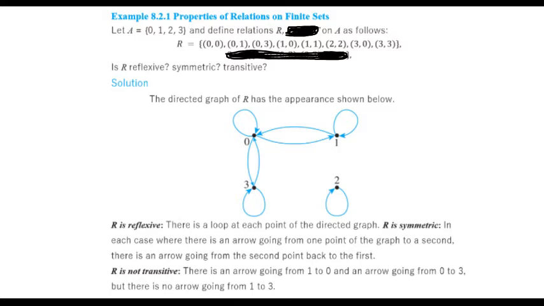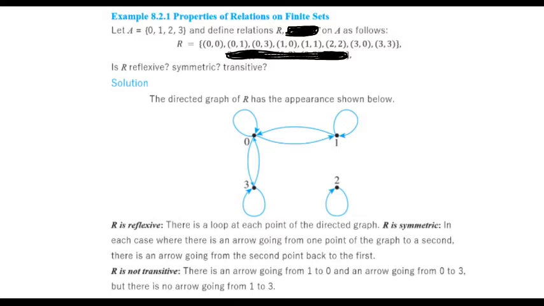And then for every ordered pair, we need to draw an edge from one vertex to another. So 0 and 0 is represented by this edge. Then we have 0 and 1 here, 1 and 0, 0 and 3, 1 and 1, 2 and 2, 3 and 0, which is here. This is 3 and 0, and finally 3 and 3, correct?